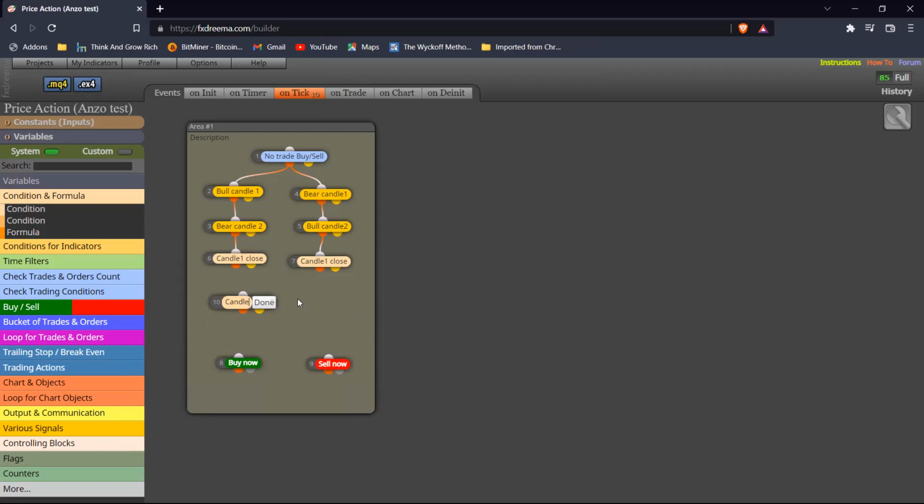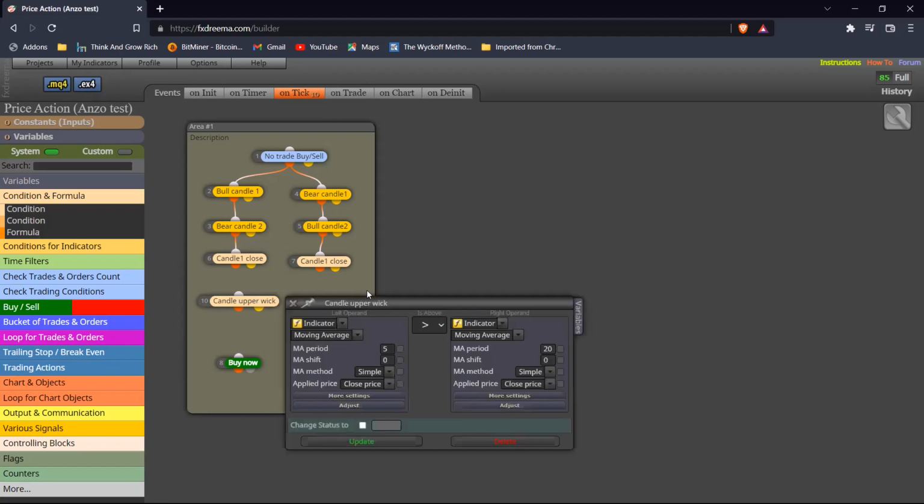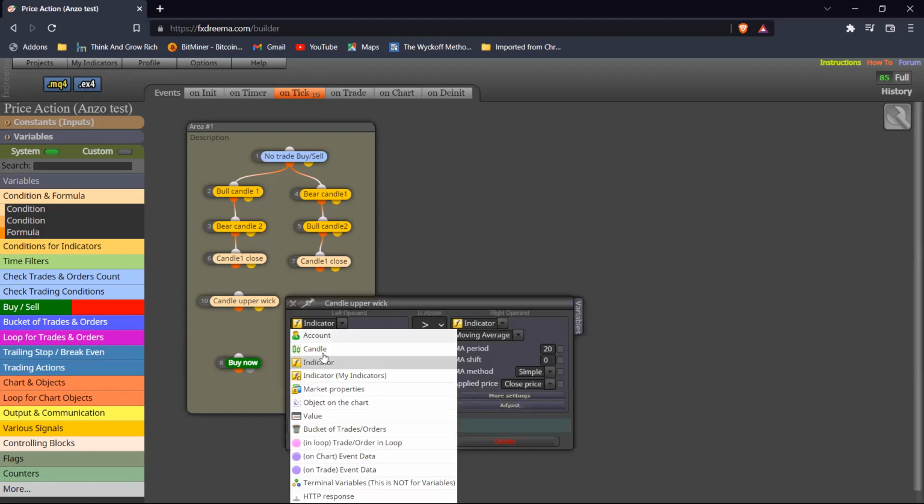Candle upper wick. Let's modify this. We want to pay attention to the candle.